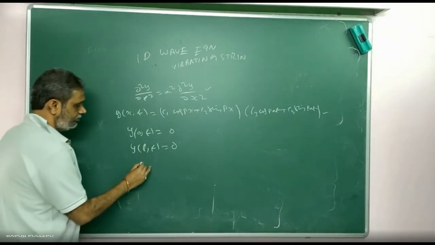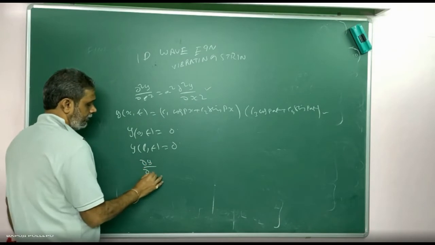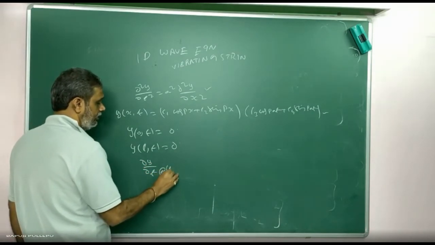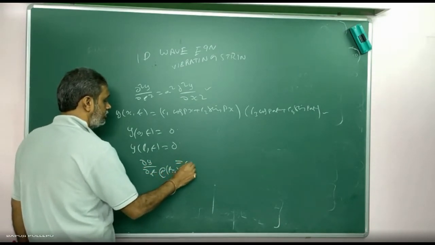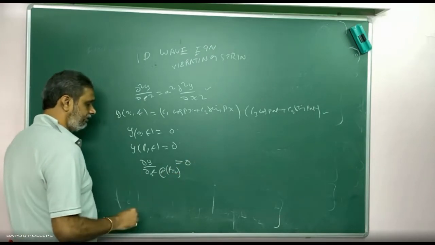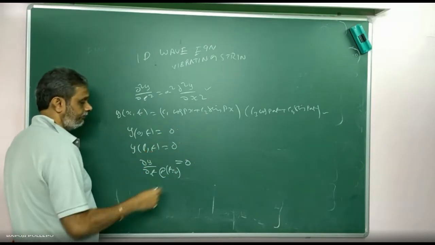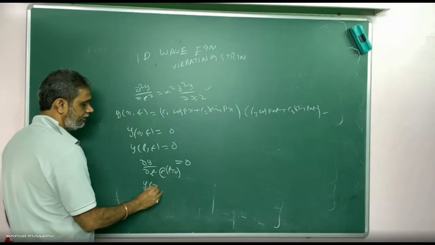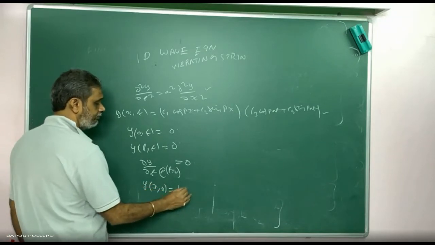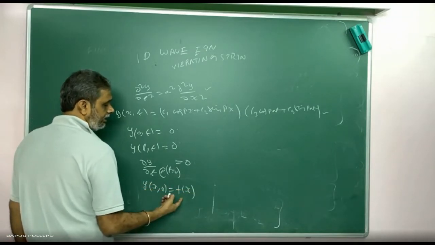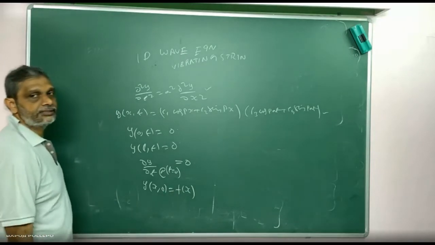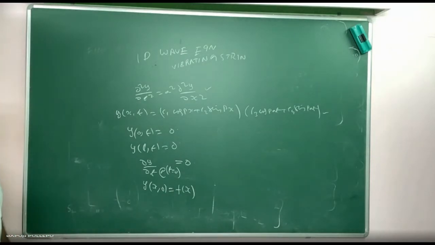Next, initially there is no velocity: dou y by dou t at t is equal to 0 is equal to 0. They will give initial displacement, sorry, so you can take y of x comma 0. In this problem it is lambda x into (L x minus x square) like this. Up to here clear? Yes, sir.